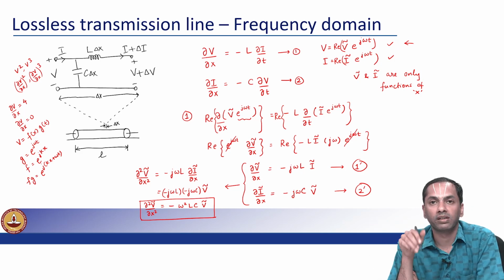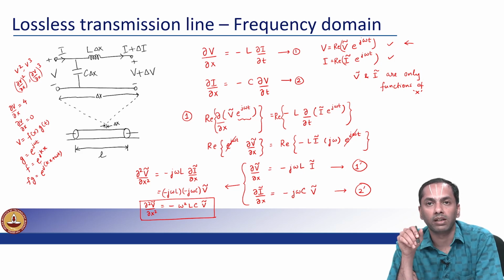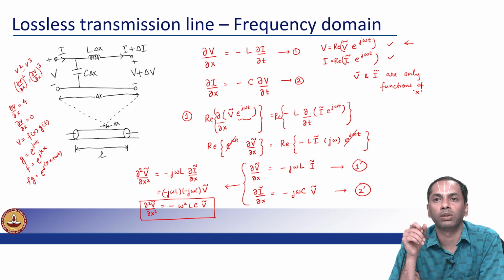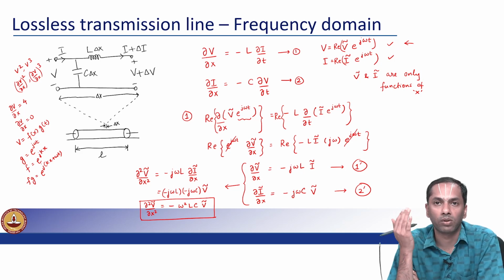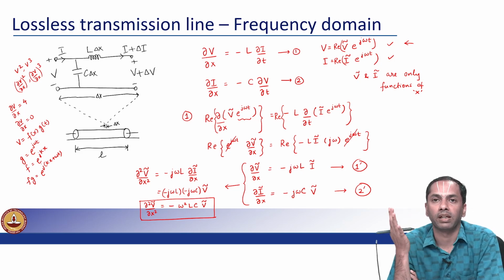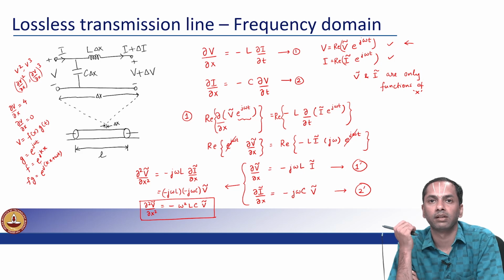So, doing this math rigorously, going through step by step, is only a way to give you some comfort that you can deal with these phasors just like you dealt with the original variables V and I, right. It is just that we have conveniently separated out the x dependent part from the time dependent part, right.